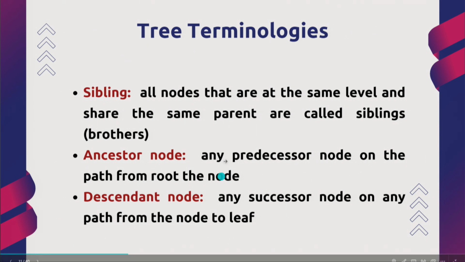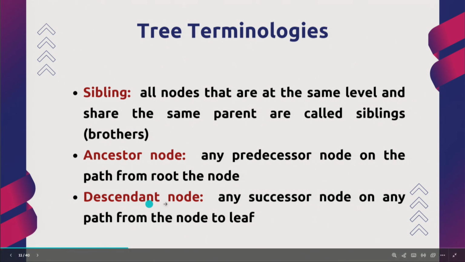So, in a parent child relationship, whatever nodes appear in the level above the said node can be called its ancestors, and whatever nodes lie along the path from this node can be called its descendants.